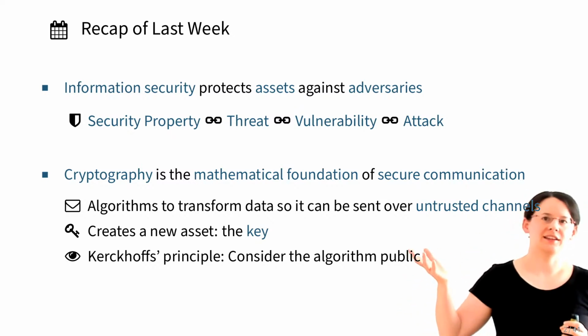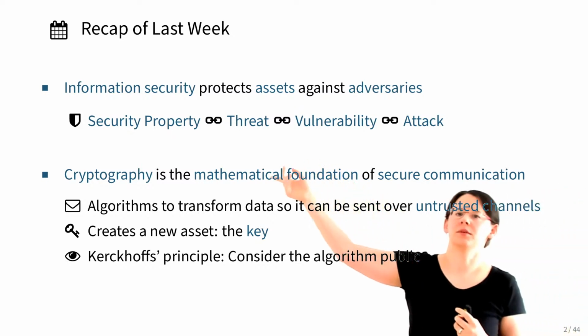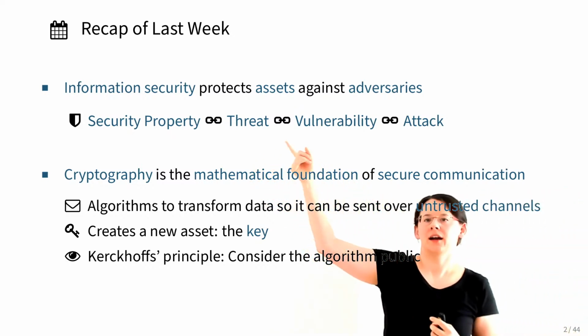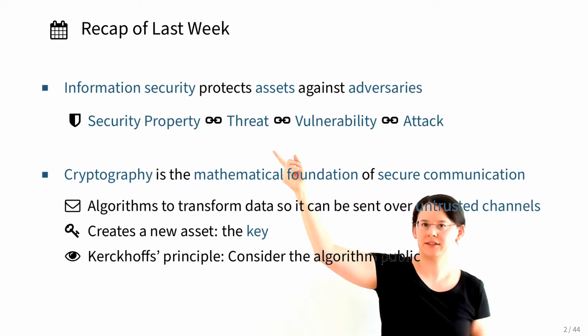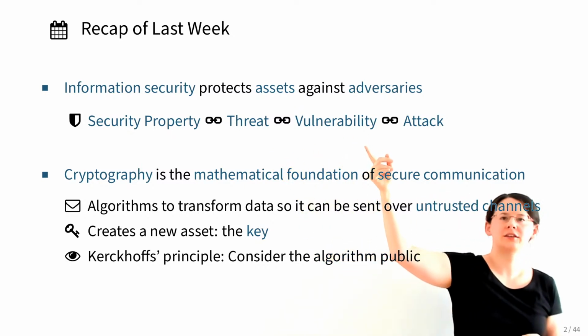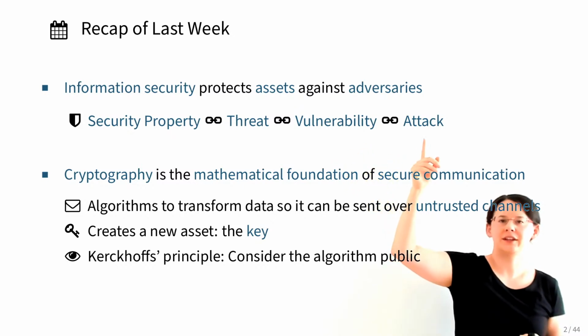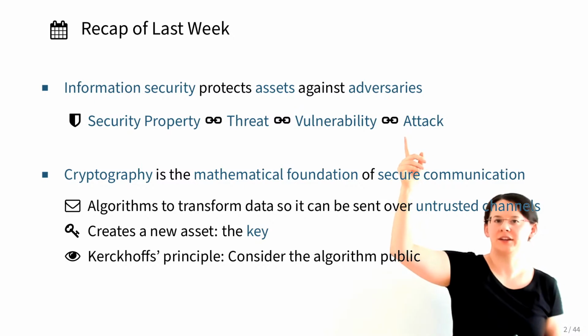Namely, the product that has some asset that we want to protect, and the asset is secure if it has some security properties. And for any asset, there are some things that could go wrong, so that could endanger these security properties. These are threats. And we said that the vulnerability is as soon as we have a concrete bug that could be exploited to instantiate such a threat. And when this actually happens, so when an adversary actually does something, we have an attack.